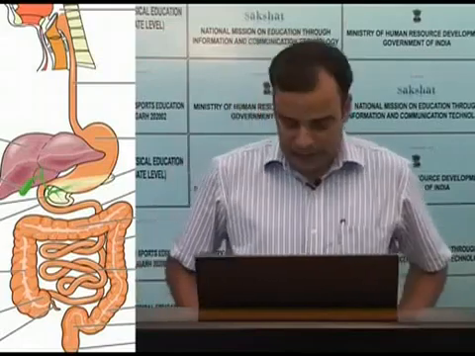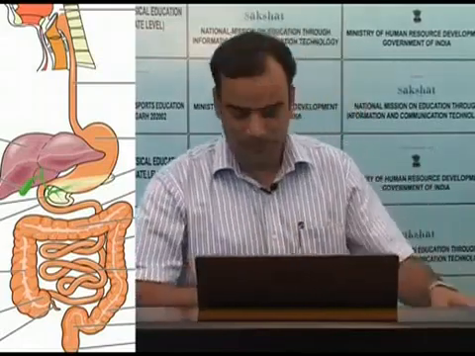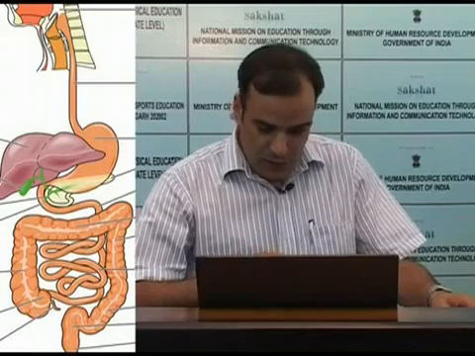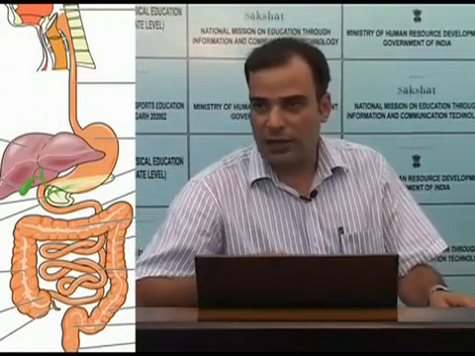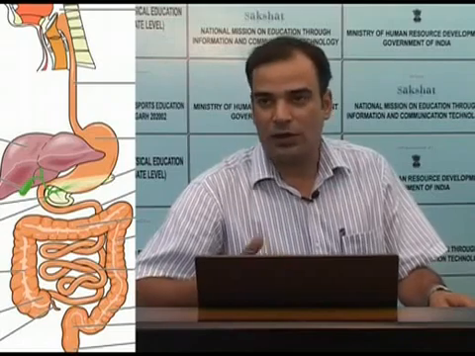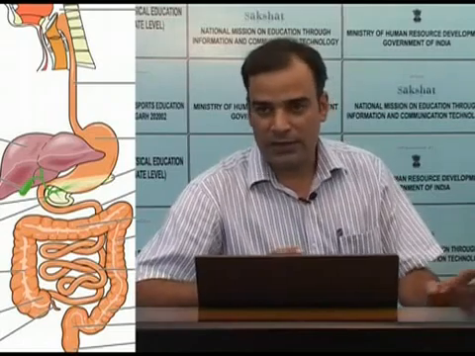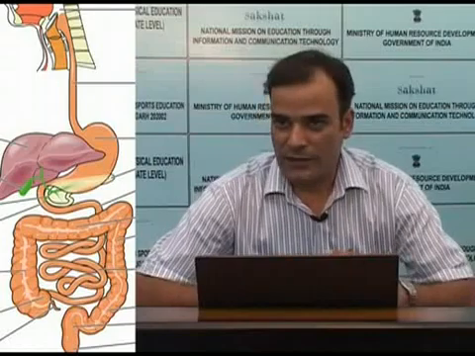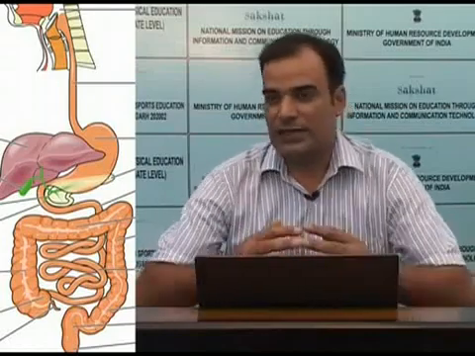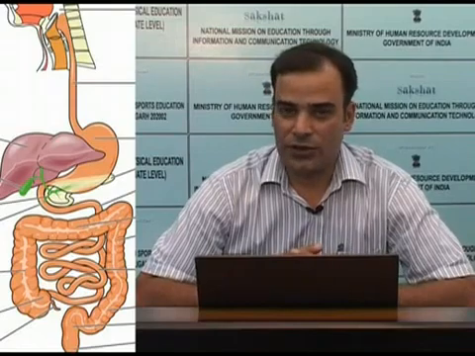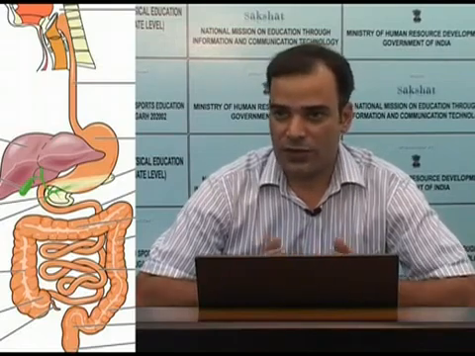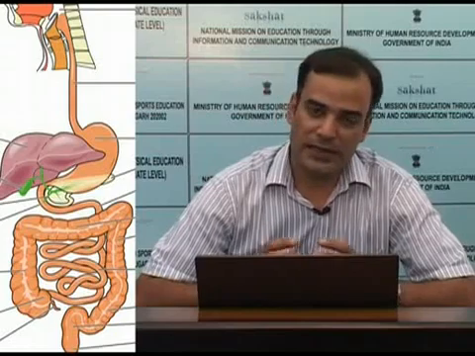Now, if we cut this muscular tube, apart from some modifications, it is somewhat similar at all places. It has 4 layers, and from outside to in, these layers are the serosa, which is a connective tissue covering this muscular tube. Then starts the muscle layer.